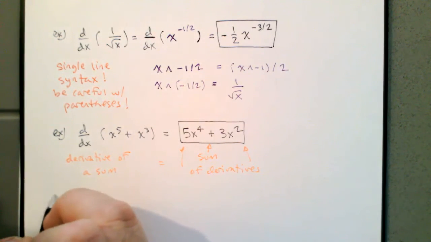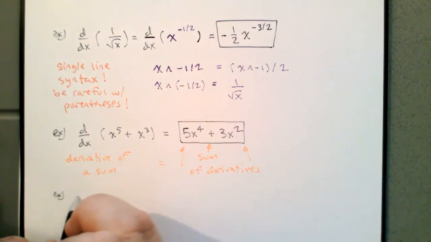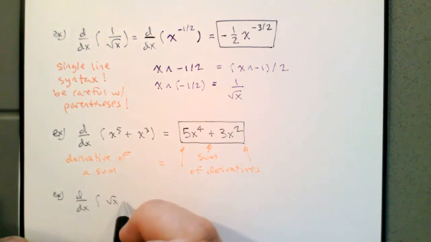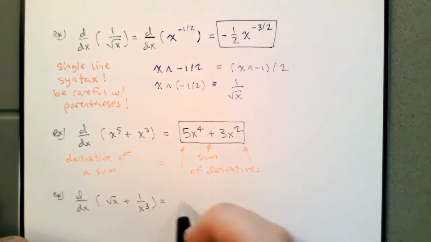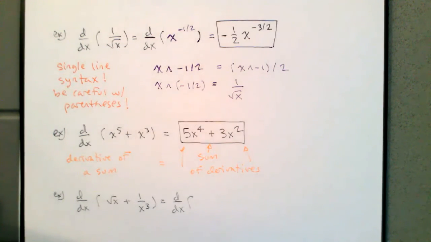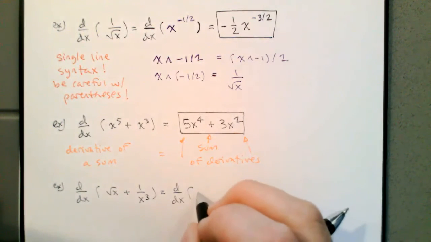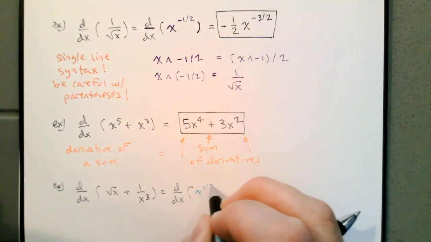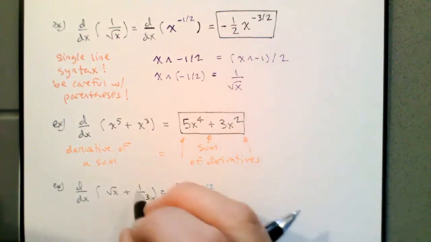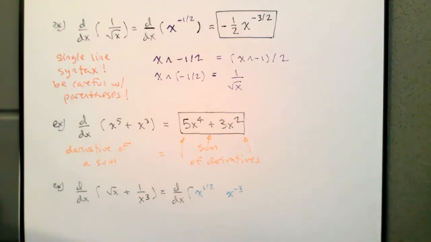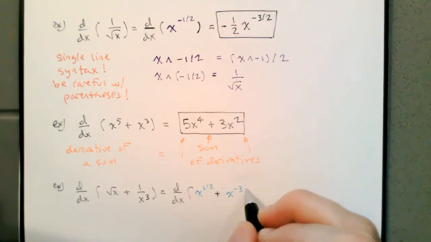Even if we're combining them with the other rules. So if we have, say, the derivative of the square root of x plus 1 over x to the third, I can just write this function with powers of x and say this is the derivative of x to the 1/2 plus x to the negative 3, and then just take the derivative a term at a time.